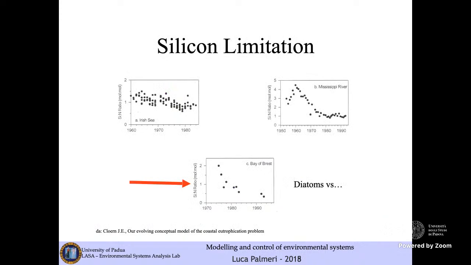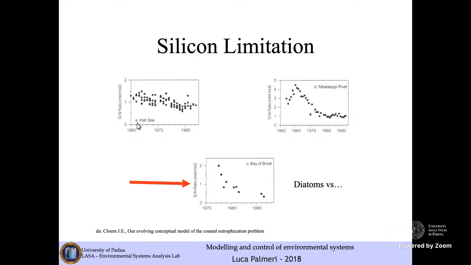The silicon limitation has become an issue especially in the last part of the 20th century, starting from the 60s. For example, we have several data coming from very different ecosystems in the world. Let's look at the first graph. In this case, we are plotting the silicon over nitrogen concentration ratio.